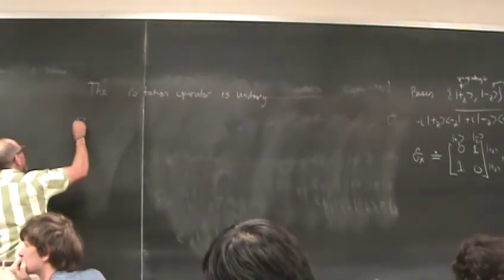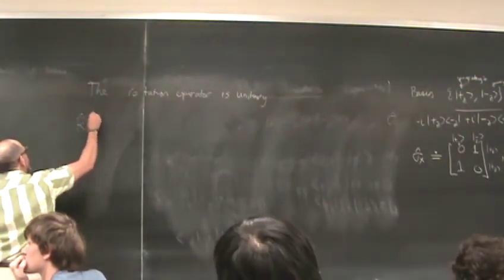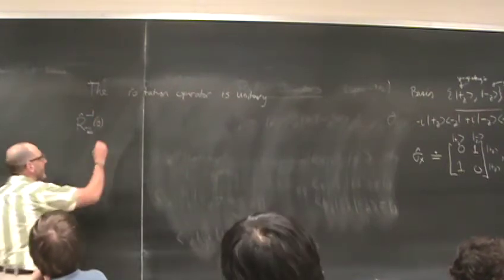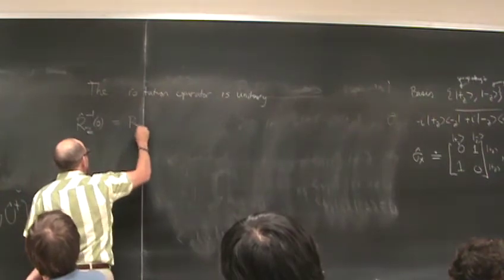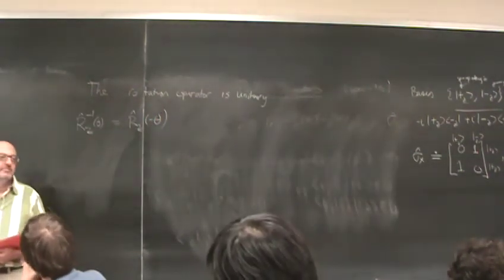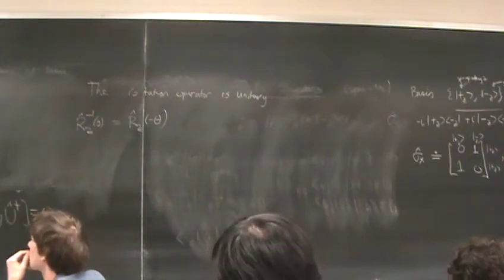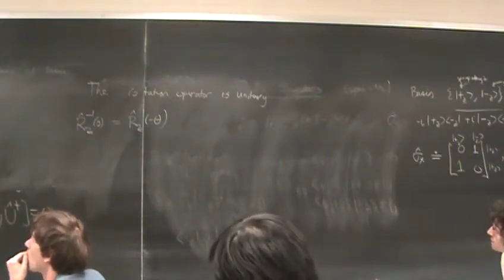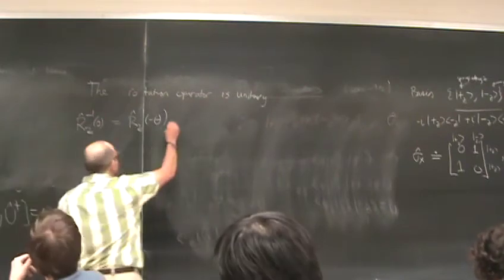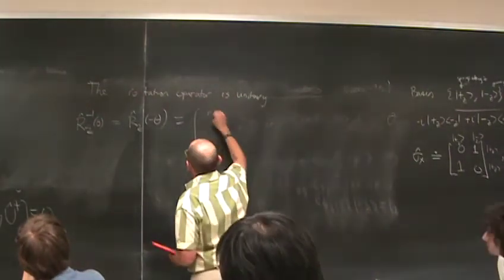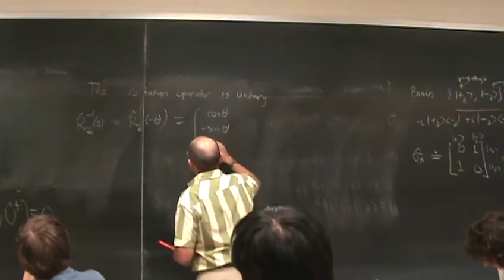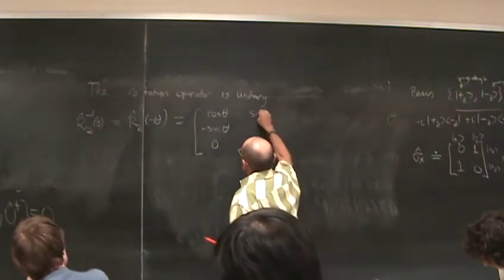Well, the inverse of this operator is just rotating in the other direction. This is one way to look at it. So if I look at this with the minus sign in it, that's cos of minus theta is cos theta, but sine of minus theta is minus sine theta.